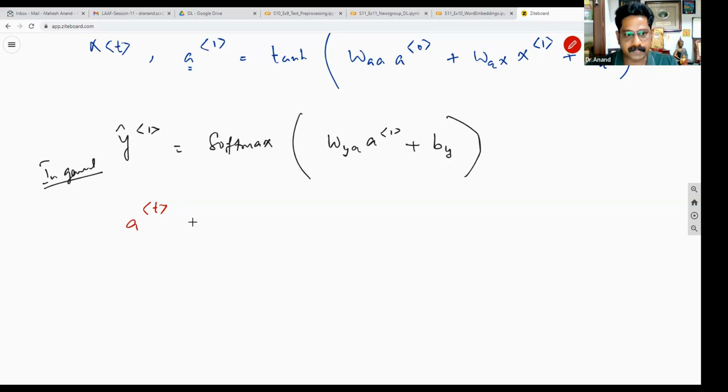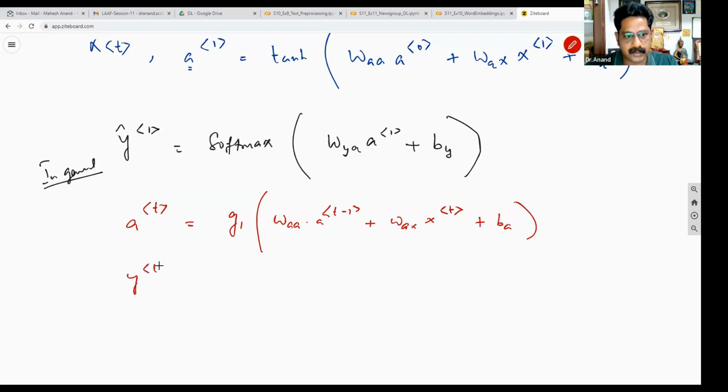A of T is the first activation function, represented as G1. G1 is nothing but your activation function, typically hyperbolic tangent, applied to WAA times A of T minus 1 plus WAX times X of my current time instant plus bias.